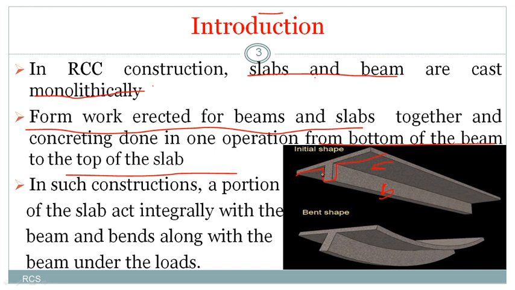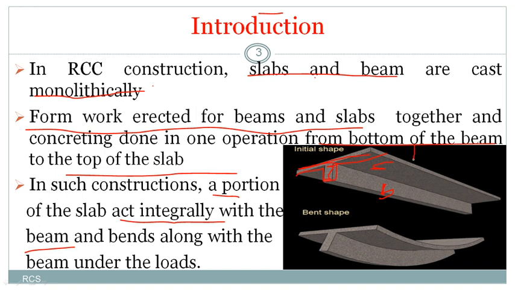Then concreting will be done from the bottom of the beam to the top. In such constructions, a portion of the slab acts integrally with the beam. So if you cast a beam and slab at a time, then a portion of the slab will act integrally with the beam.